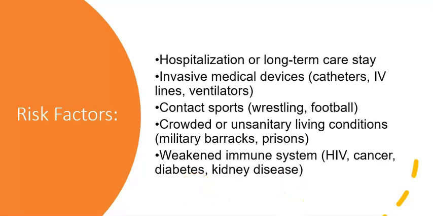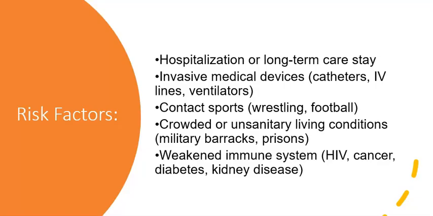Risk factors, of course, you may possibly end up in the hospital. As you're in the hospital, some of these devices might be used that can cause a superinfection, like catheters, IV lines, ventilators.